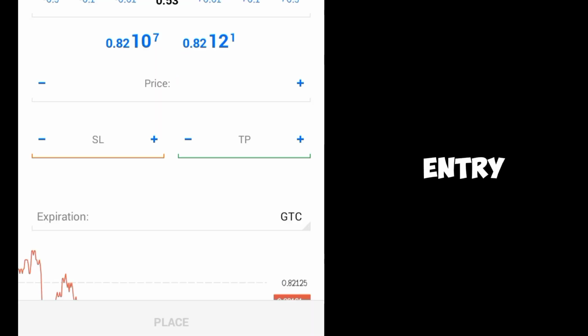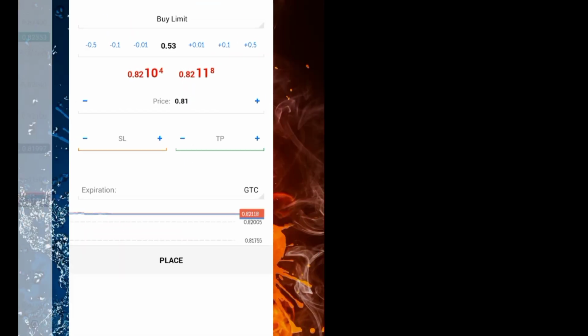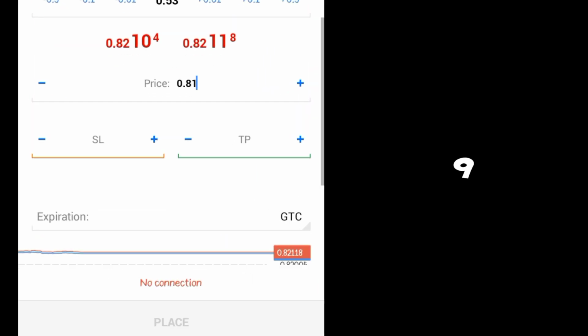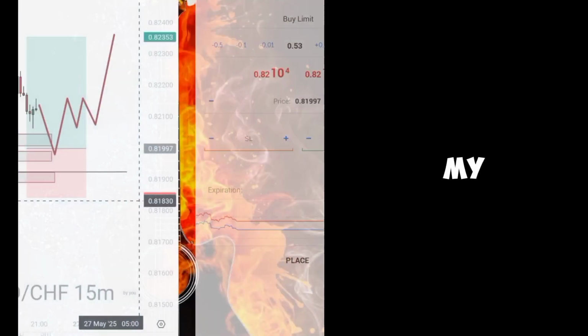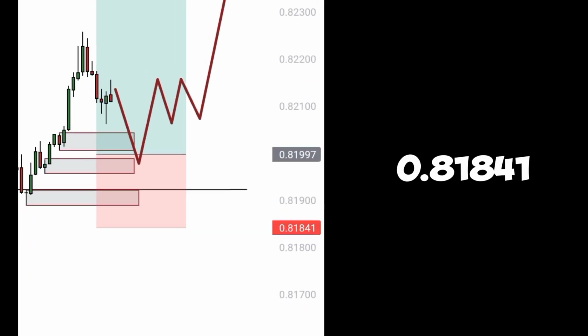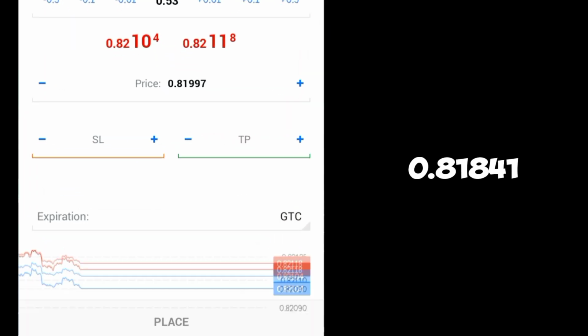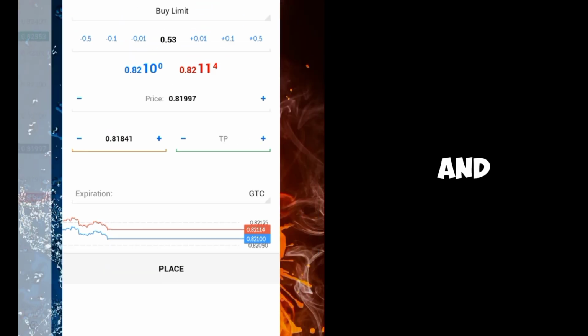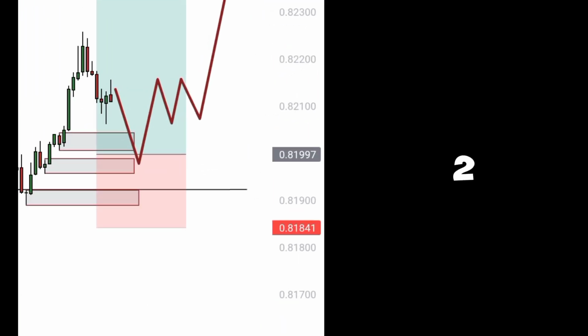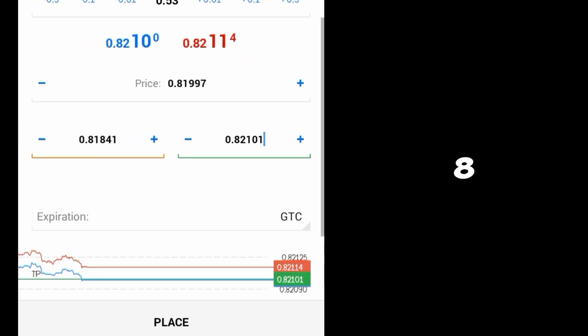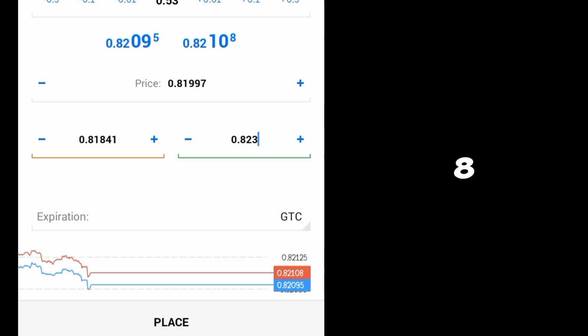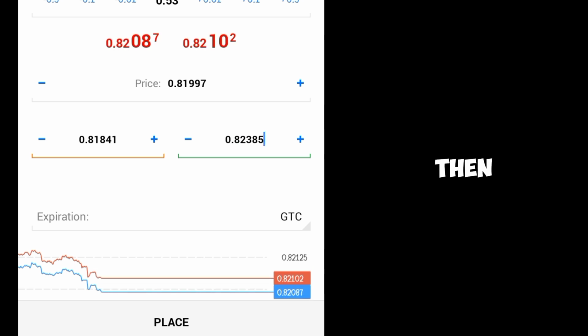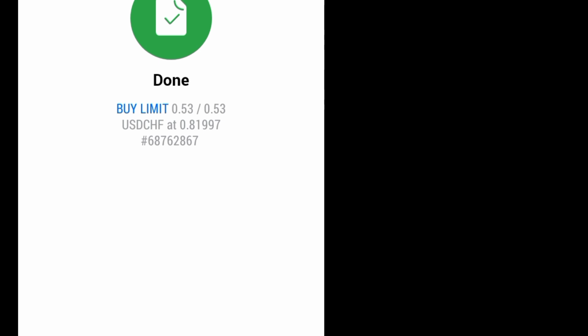So my entry price is 0.81997, and then my stop loss is going to be at 0.81841, and then my take profit is going to be 0.82385, and then I place my order.